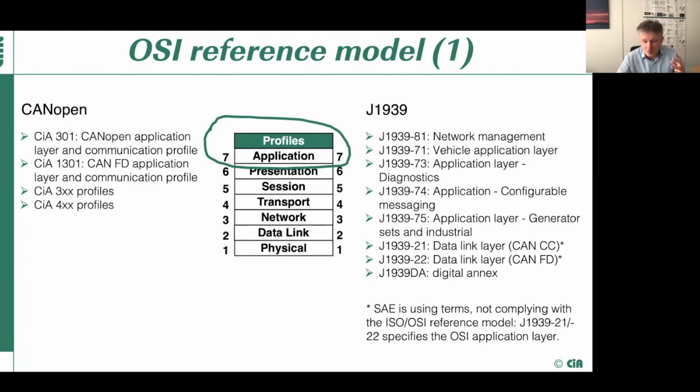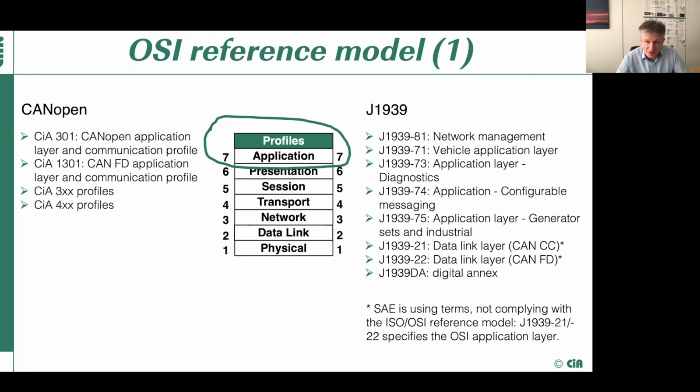For example, we have municipal vehicle applications, or maybe crane-mounted or agricultural vehicles. That is where the profiles come up. They are not part of the ISO-OSI model, but they are additional standardized representations of every specific application which uses a certain application layer. So in CANopen, for example, we go back to the point of different CAN technologies.